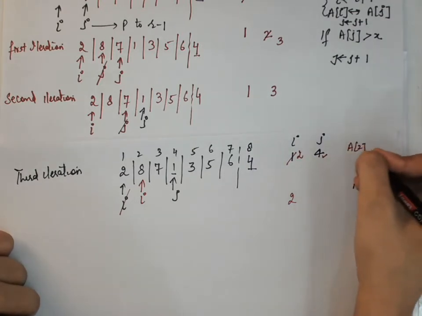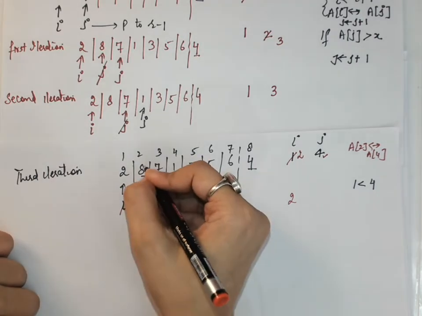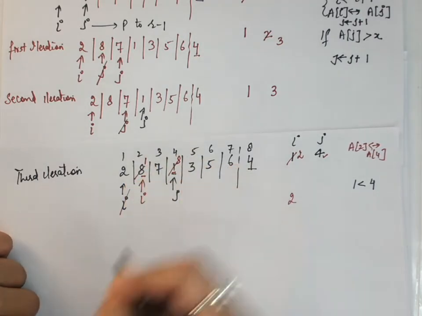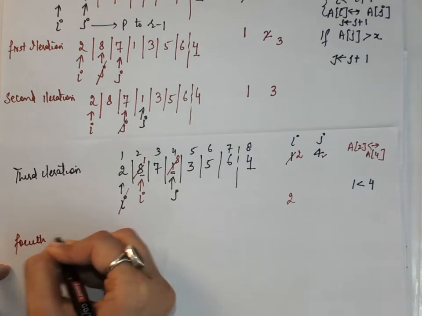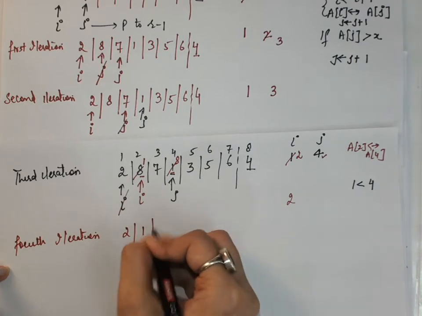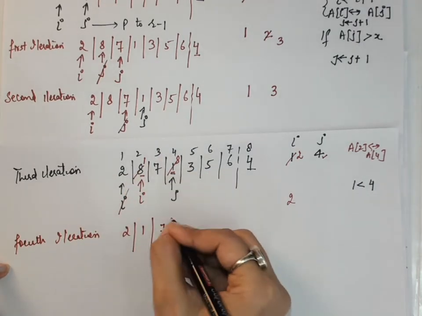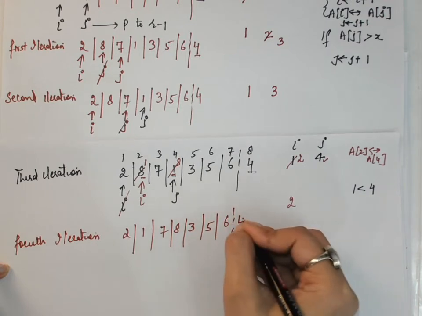Swap a of 2 with a of 4, means 8 will be swapped with 1, means 1 is here, 8 is here. So after the fourth iteration, my array will be like this: 2, 1, 7, 8, 3, 5, 6, 4.